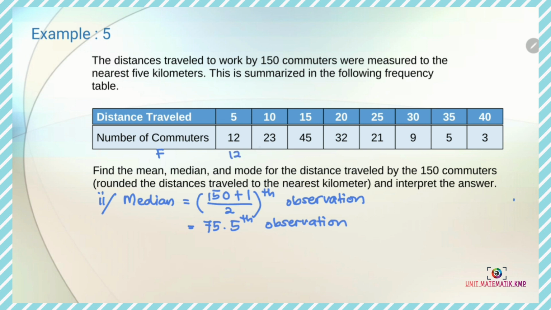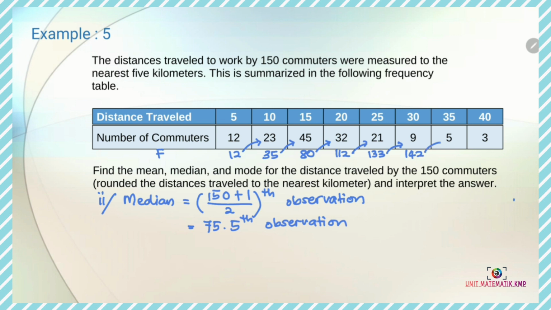Here we have 12. 12 plus 23, we get 35. 35 plus 45, we get 80. 80 plus 32, we get 112. 112 plus 21, we get 133. 133 plus 9, we get 142.